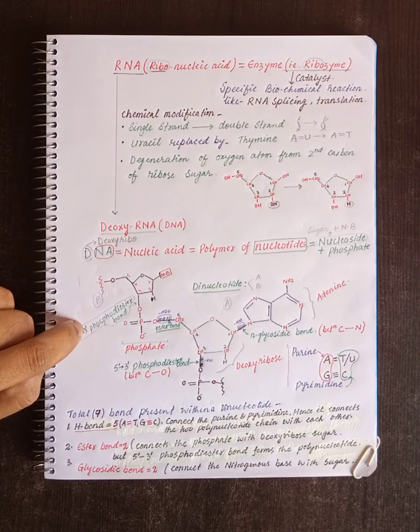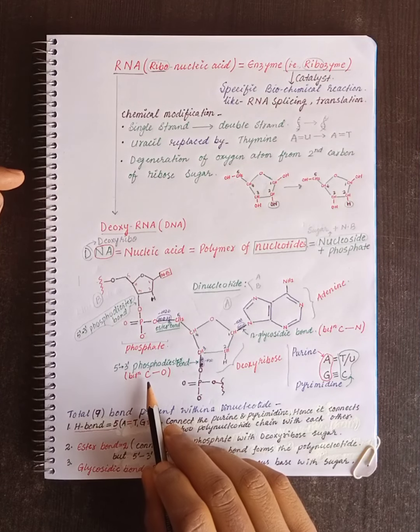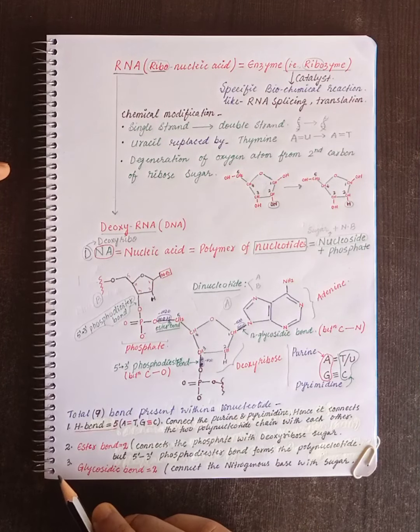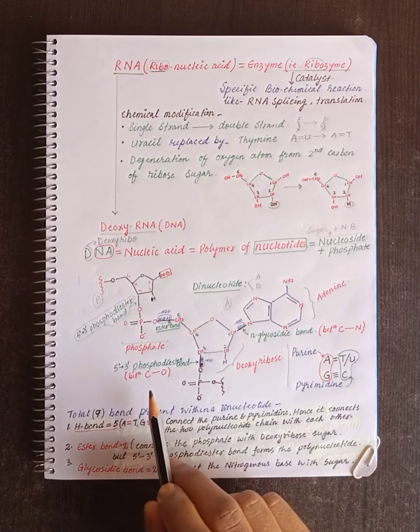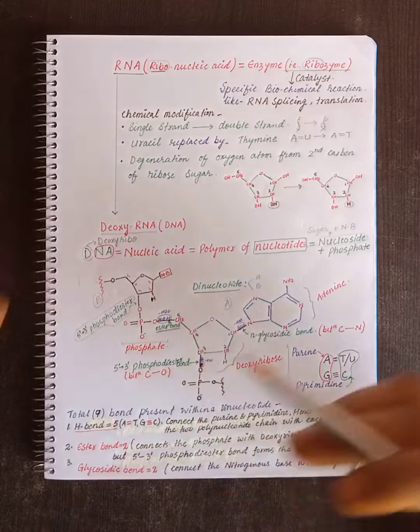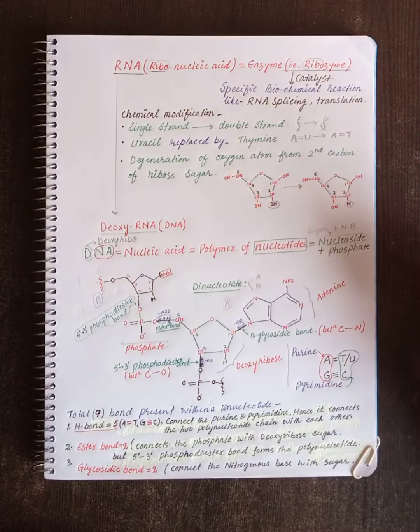And this phosphodiester bond is formed between carbon and oxygen. Therefore, this bond is a covalent bond, and a covalent bond is always formed between non-metals.